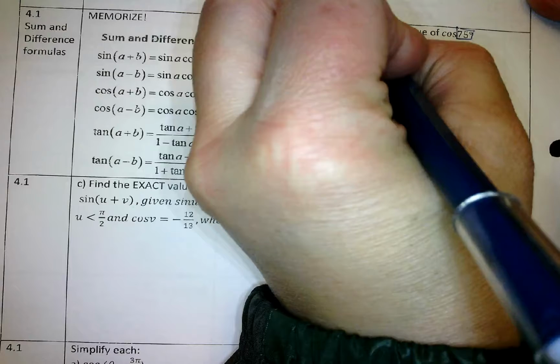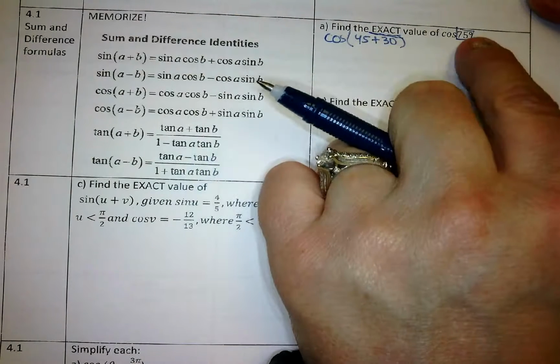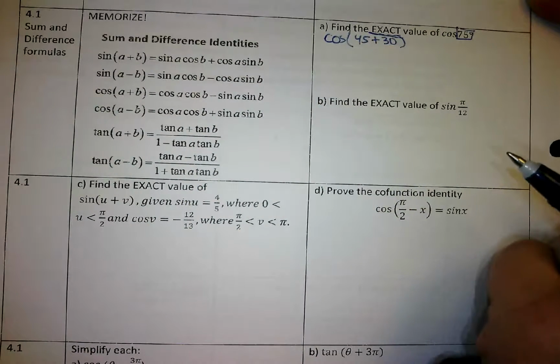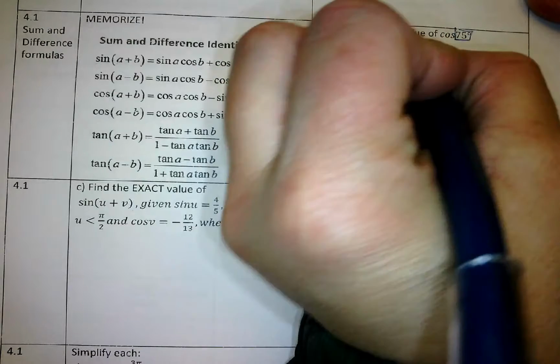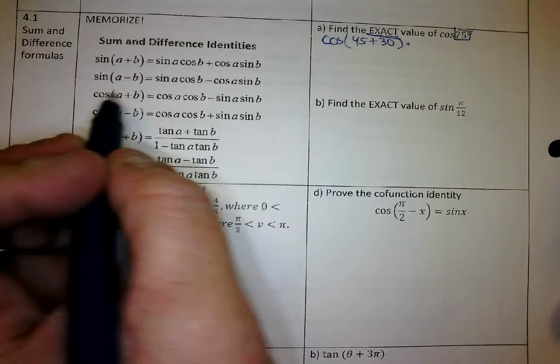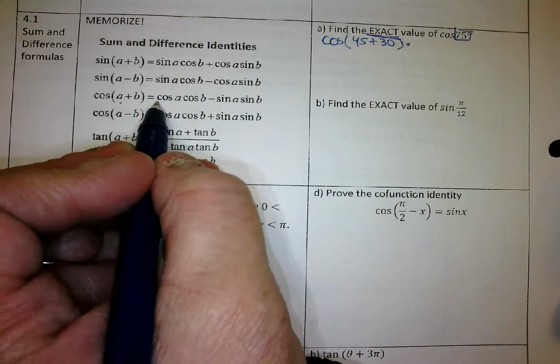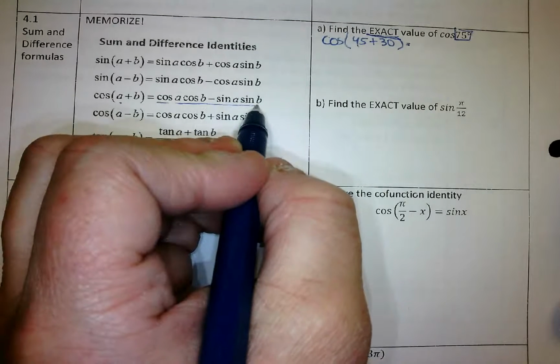So to get 75, I'm just going to say I can add cosine of 45 plus 30. So 45 plus 30 is 75. And these are both values we know from our unit circle. So then I'm going to go further and I'm going to say, okay, well, I know that it's cosine and I'm using plus. So I'm going to plug those values into this formula right here.